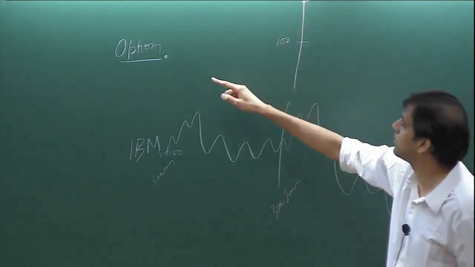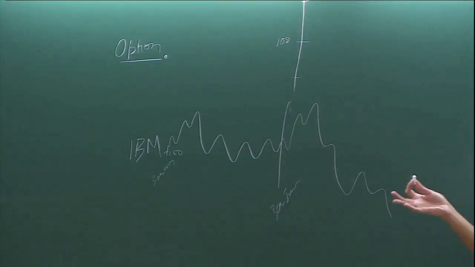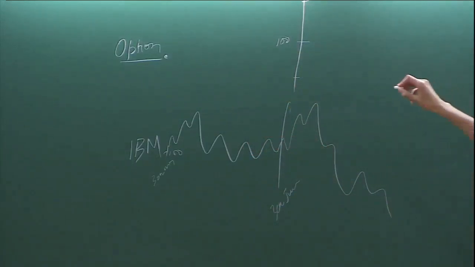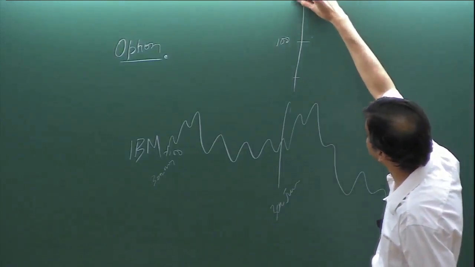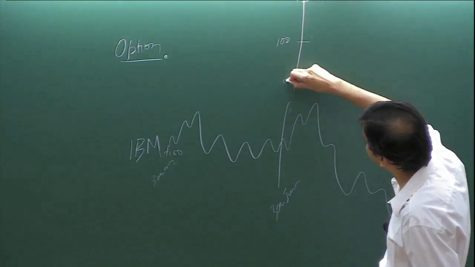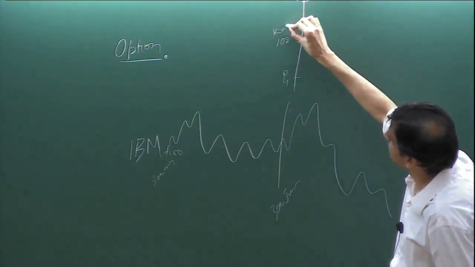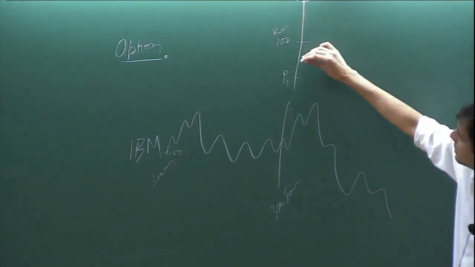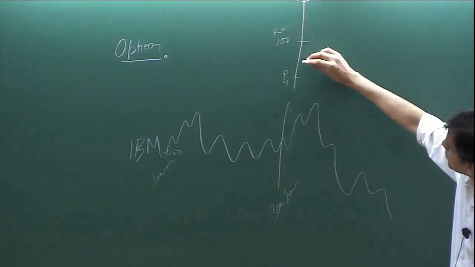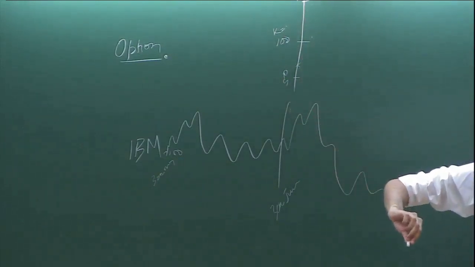And if you think in expectation it's going to land somewhere here, then the value of the option would be lower. Say this is 200 and this is 50, and this is the strike price. K is equal to 100 is the strike. So if on 30th June the IBM price falls somewhere here, what would be the value of the option on that day?